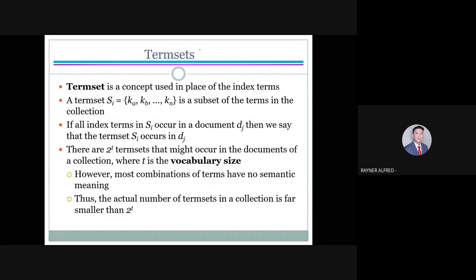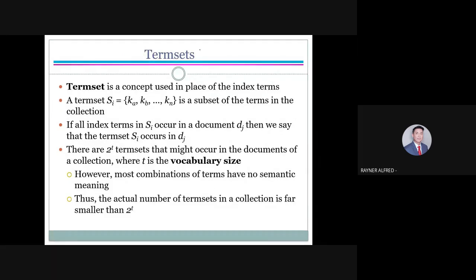Before we proceed, it's better to define what we call a term set, or set of terms. A term set is a concept used in place of the index term. Remember, in the previous lecture we used the index term, which refers to a single item, a single term or a single symbol. When we say term set, we may have more than one keyword at the same time.